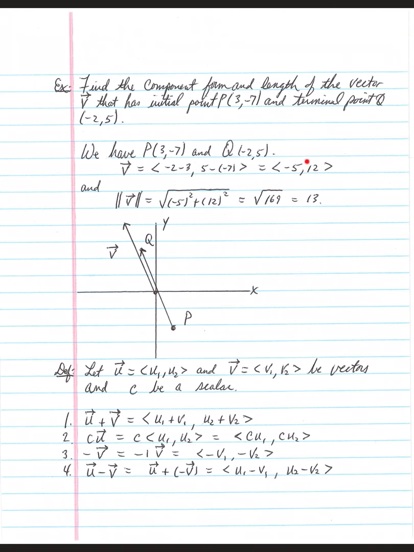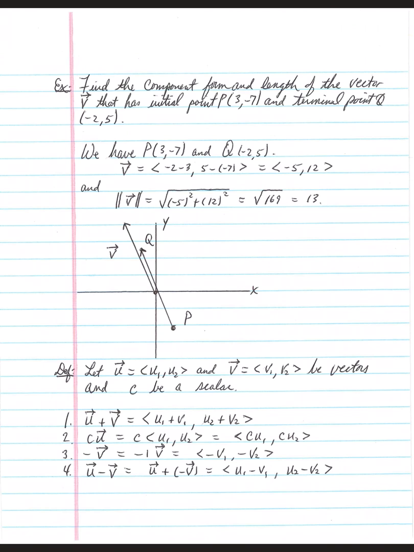This point, -5, 12, represents the terminal point of v if the original point from PQ, the initial point P, is relocated at the origin. So basically, component form is taking a vector, picking it up, resetting the initial point at the origin, and maintaining the same direction and length.